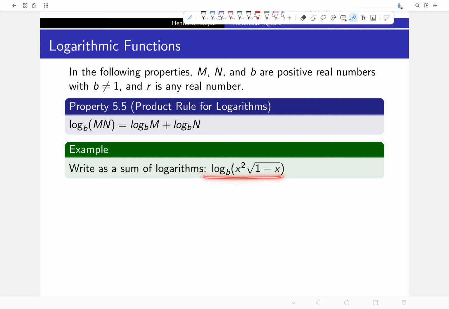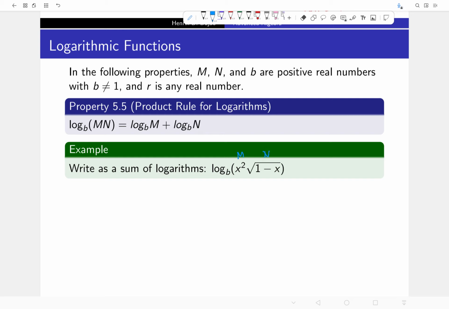Now, example: write as the sum of logarithms. What we will do here is express this one as a sum. To do that, we apply the property, taking note that m here is our x squared, and our n here is the square root of the quantity 1 minus x. Remember, this is our m and this is our n.